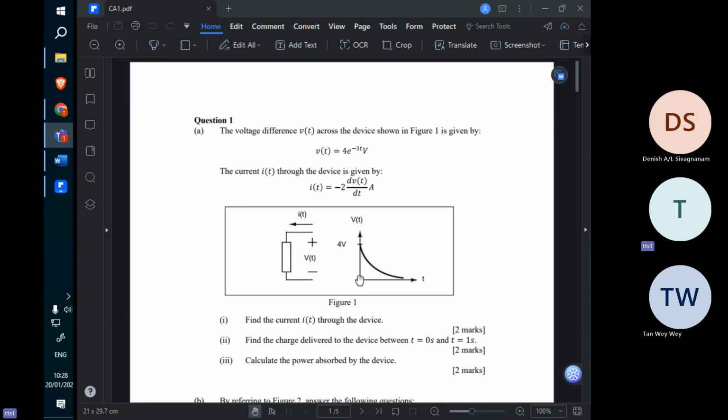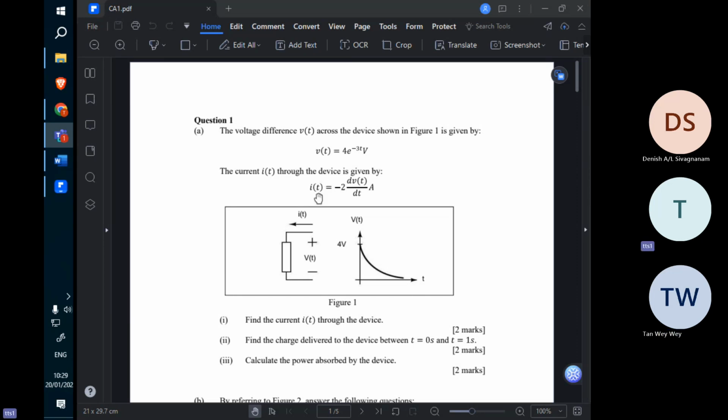After that, you'll get e to the minus of 3t getting smaller and smaller, and then 4 multiplied by this term, the outcome, the voltage, will be reducing at an exponential rate. So this is what we call the voltage as a function of time.